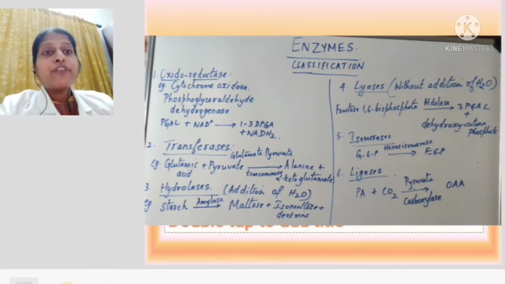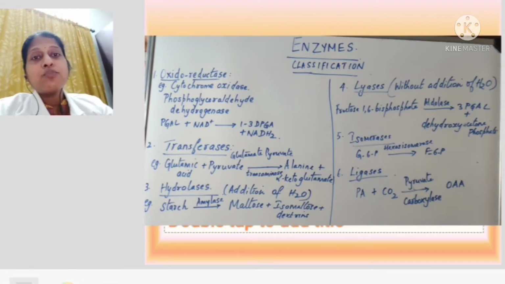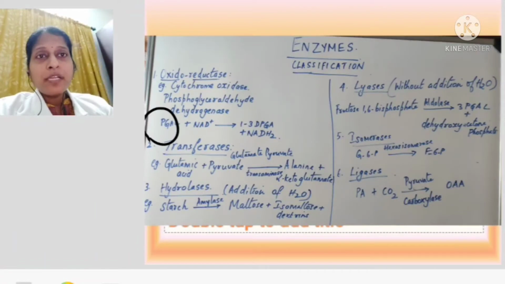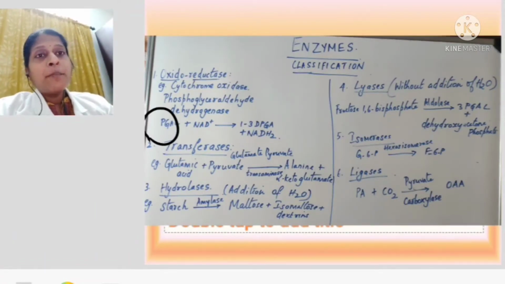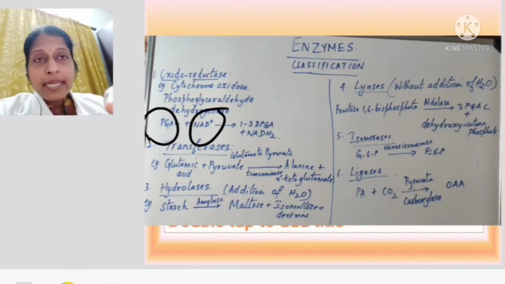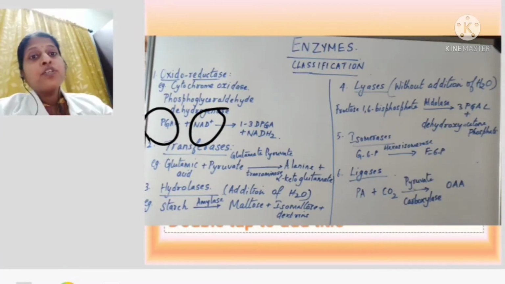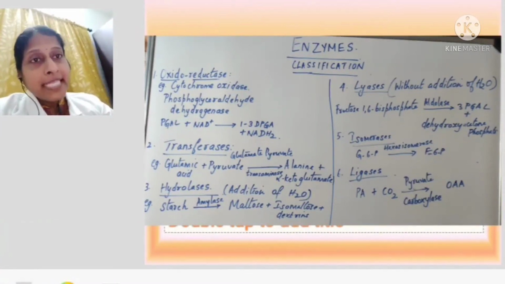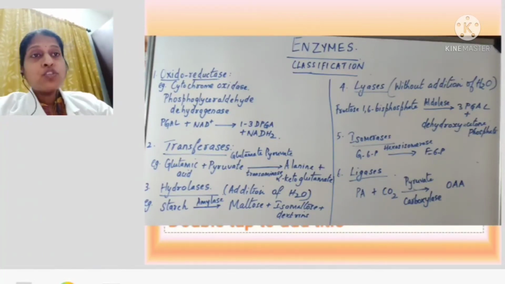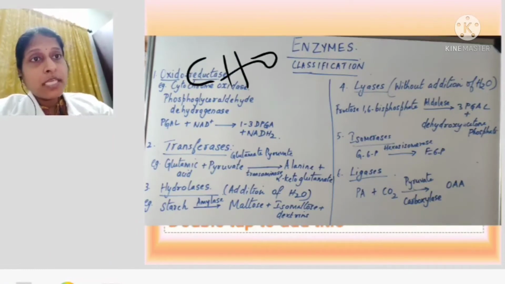Oxidoreductase. Okay, like for example, you see PGAL, that is phosphoglyceraldehyde. This you will be learning in detail in respiration. So phosphoglyceraldehyde is combining with nicotinamide adenine dinucleotide. Here what is happening, this is an aldehyde, CHO, isn't it?